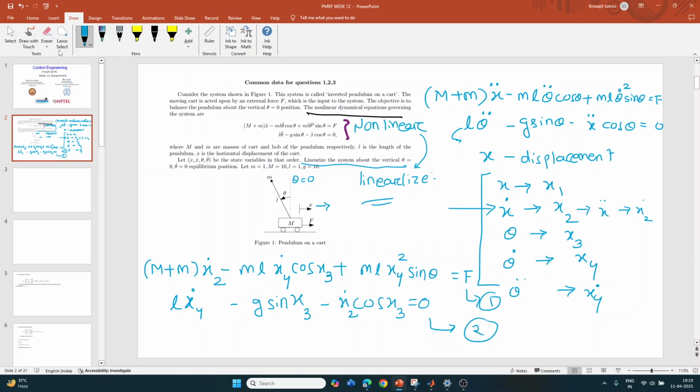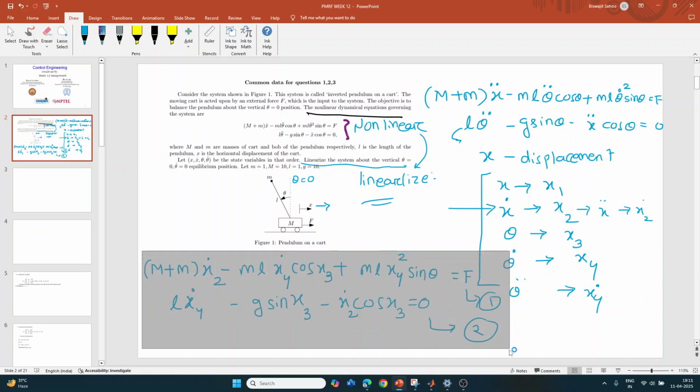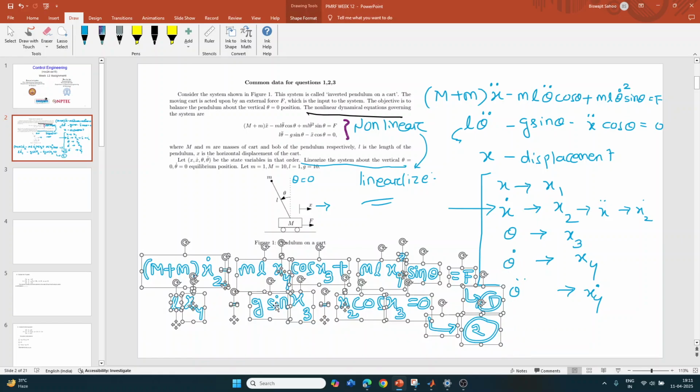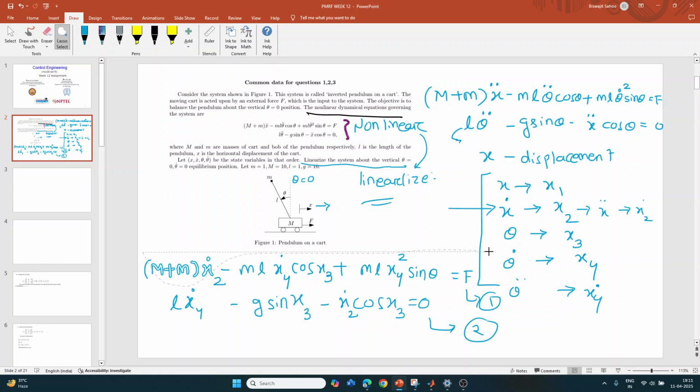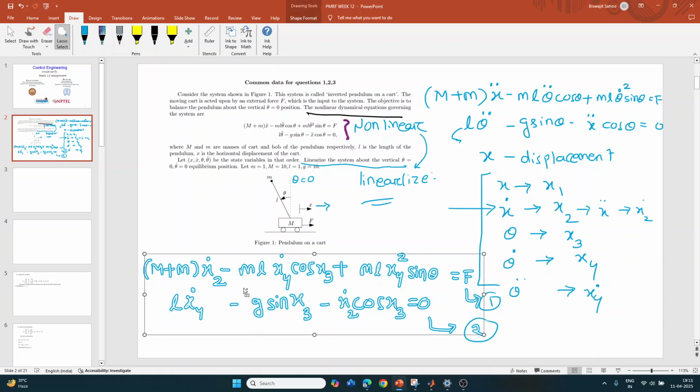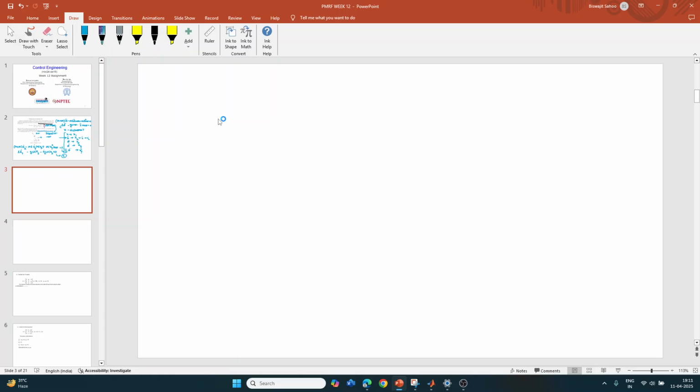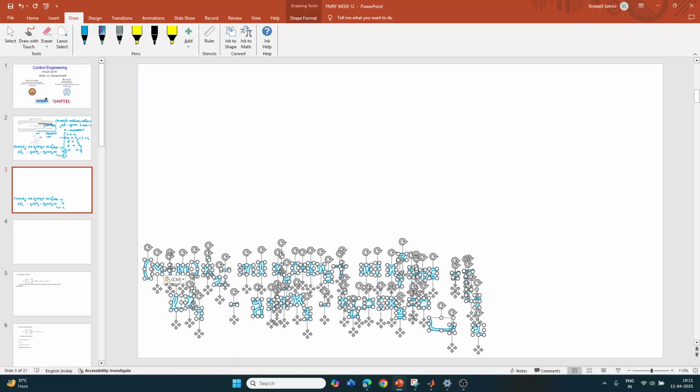Let me copy these two. Control C. I'm just going to the second page, and you have to paste here.